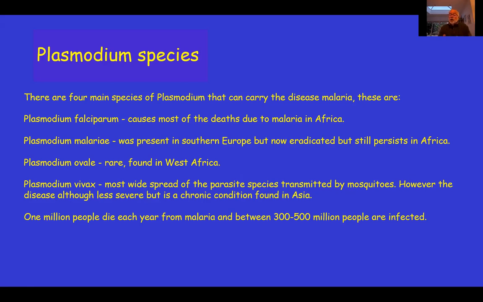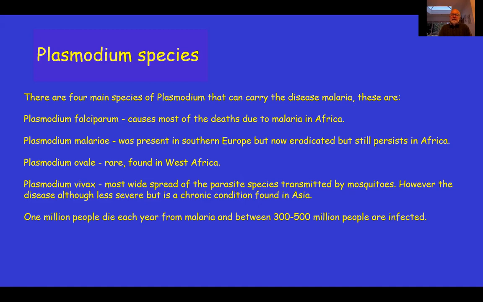Plasmodium malariae used to be present in southern Europe, particularly Greece and the bottom of Spain, but we virtually eradicated that shortly after the Second World War, so the 1940s, 50s. But it still persists in Africa. Plasmodium ovale is rare but found in West Africa.